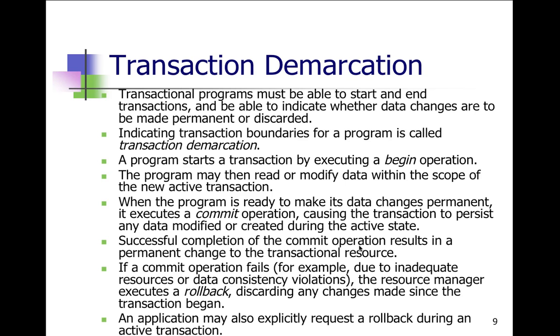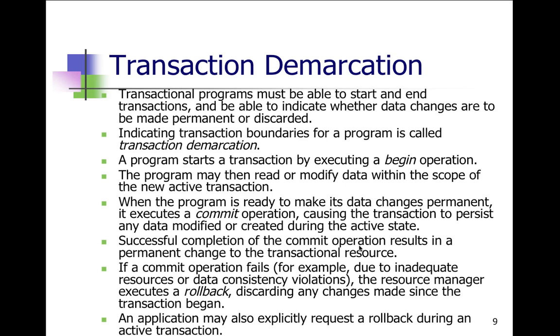So transaction demarcation, another vocabulary, and a lot of what I'm giving you this morning is vocabulary that hopefully you'll be familiar with as we get through the day. So the boundaries is marking it, the demarcation. The program starts a transaction by executing a begin operation, and then we have an end at the end.